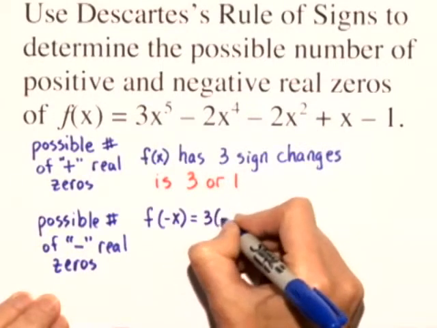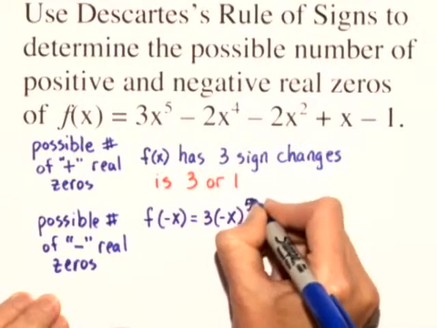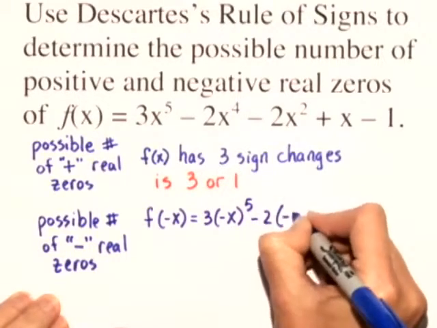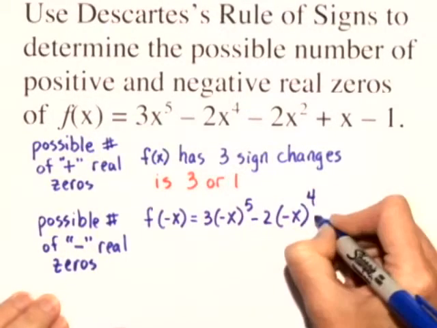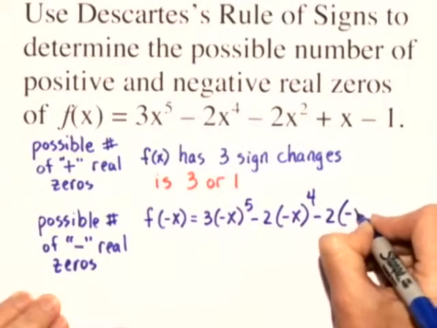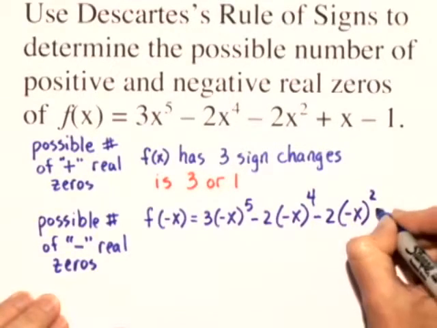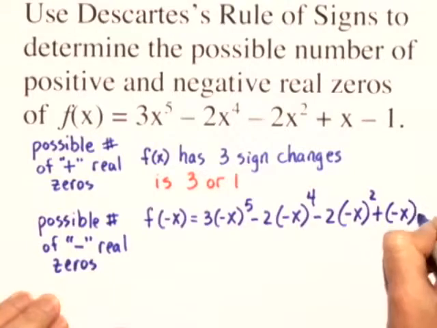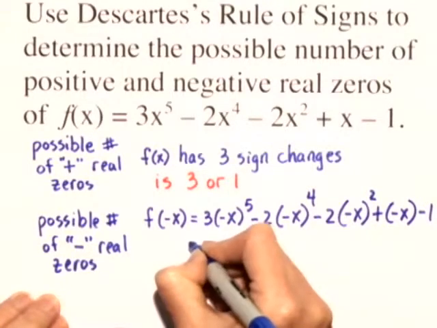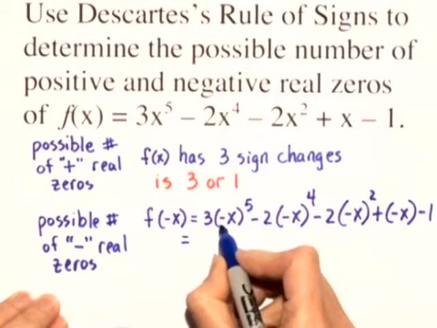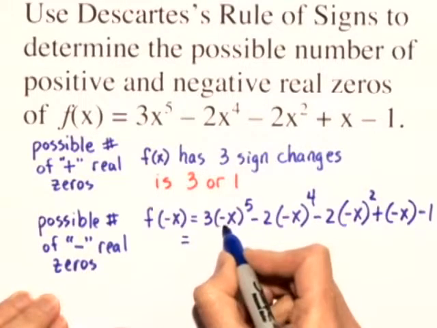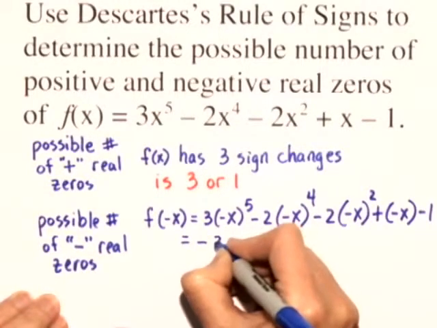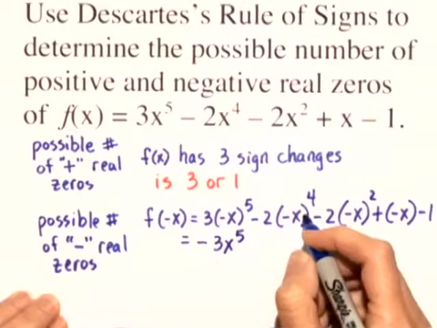And we get 3 times negative x to the fifth minus 2 times negative x to the fourth minus 2 times negative x squared plus negative x minus 1. And let's simplify that. Negative x to the fifth is going to be a negative, so I'll have negative 3x to the fifth.